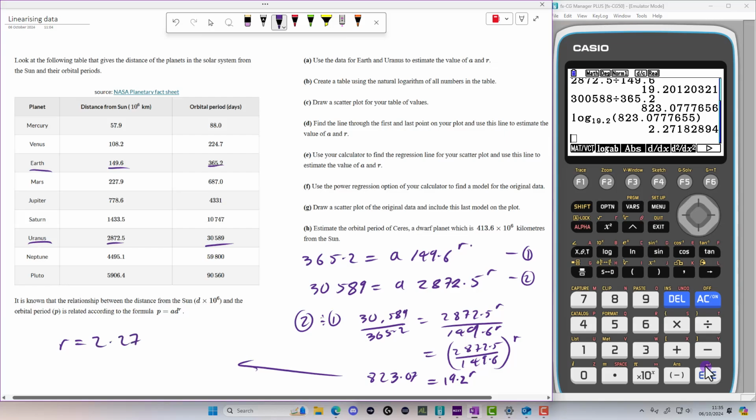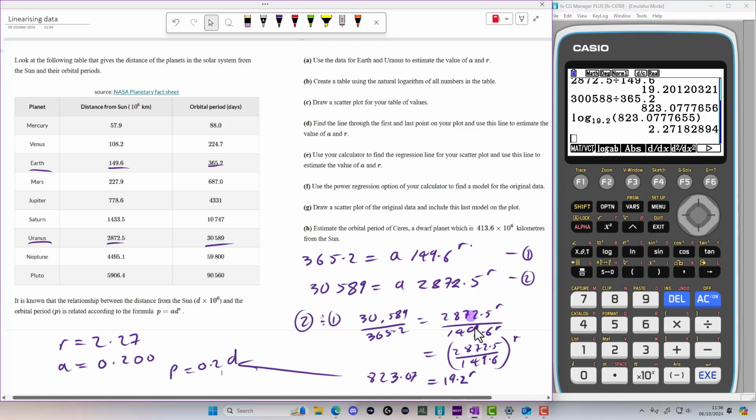And then we can put that back into one of our equations up here. So we do that to the power of R, divide throughout, and we find that A comes to be approximately equal to 0.200.